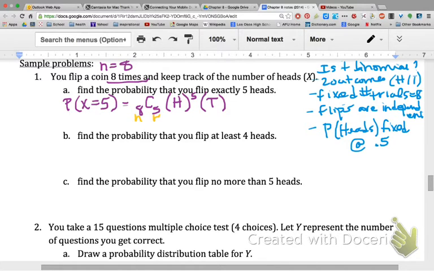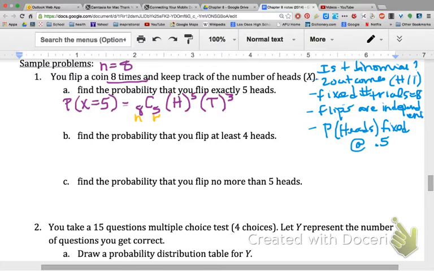I'm using the notation just so I'll remember later what I'm supposed to put in there. Well, if I have 5 heads, then that means I have to have 3 tails, because remember I was flipping 8 times. And so then I'm going to get my calculator and figure out what 8C5 is.